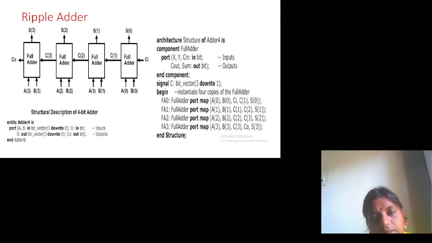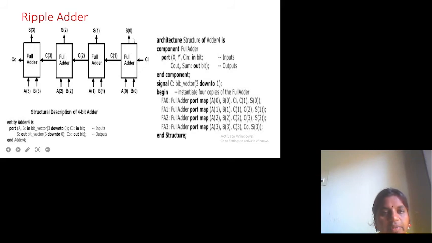The first full adder output carry goes as input to the second full adder, C of 1, and here A of 1, B of 1 are the inputs. S of 1 will be the output of the second full adder, S of 2 the output of the third full adder, and S of 3 the output of the fourth full adder.